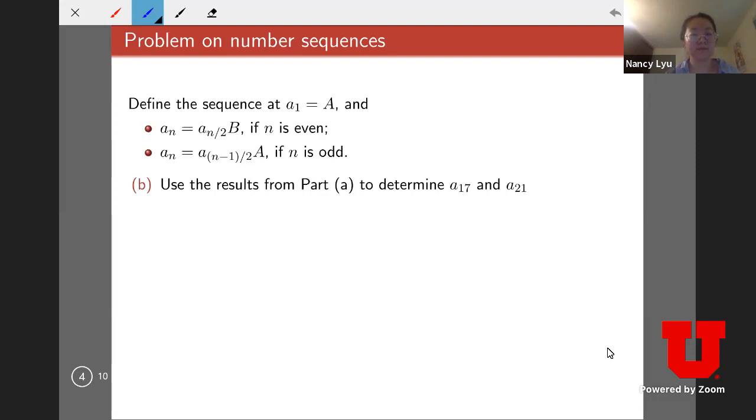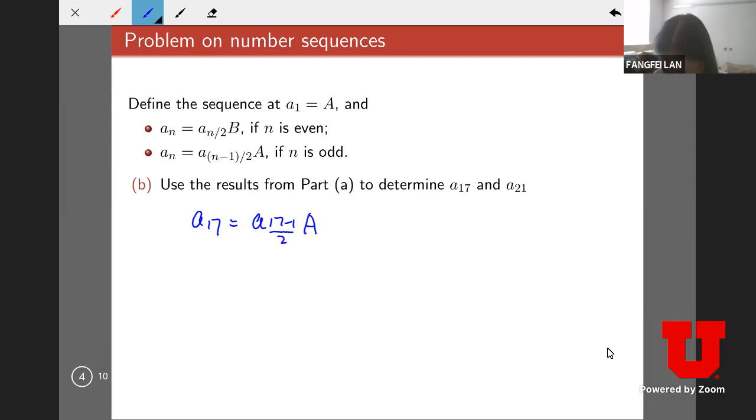And then, so how do we find A17 and A21? Any ideas? Same thing, right? We're going to plug in 17 as n and 21 as n. So A17 is equal to A17 minus 1 over 2A, since 17 is odd. So we have A8A.